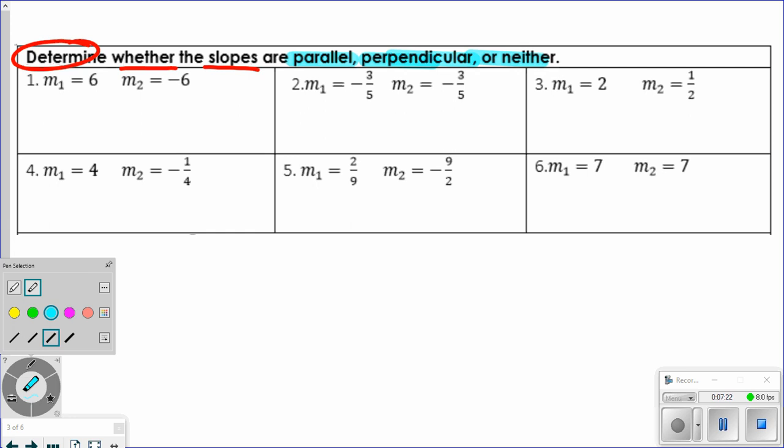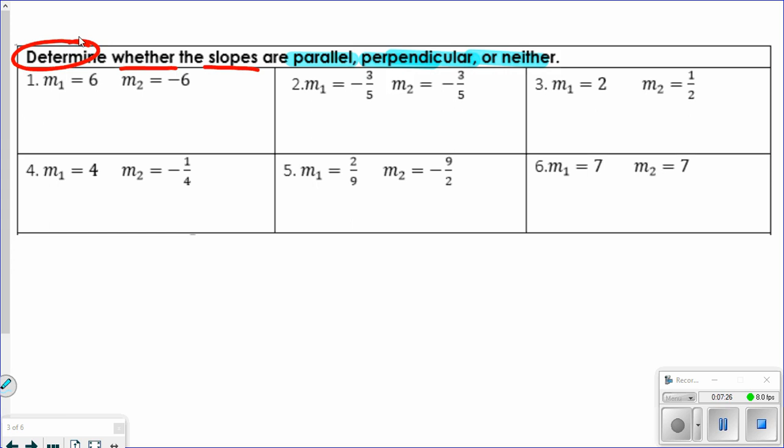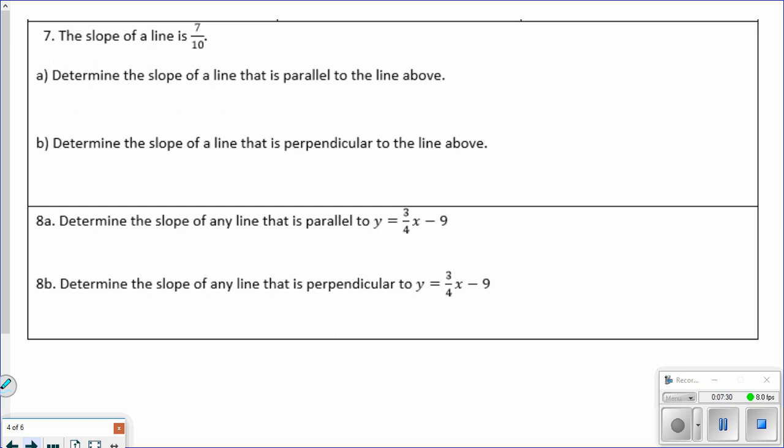Perpendicular has opposite signs and reciprocals, meaning you're flipping the fraction. And then questions 7a, just tell me the slope parallel. 7b, tell me the slope perpendicular. Same thing for 8. Tell me the slope parallel, tell me the slope perpendicular.